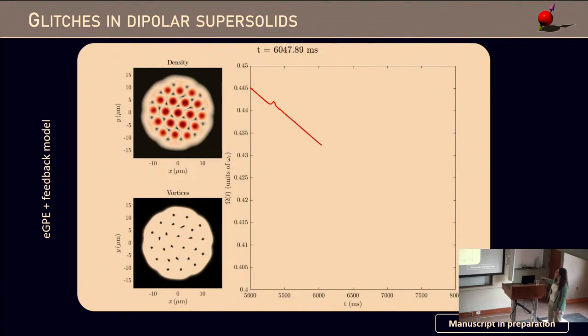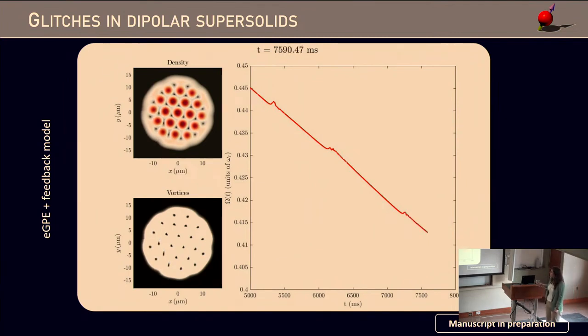Now, again, if you focus on this vortex here, this leaves, the other one takes its place, this other one is also moving, so it's not an effect due to only one vortex, but something more collective. And again, you see that omega spins up, and then you have this oscillation here. I will be back on this oscillation later. And here again, if you focus on this one, we now have our third glitch. And again, the same phenomenon, the same spin-up.